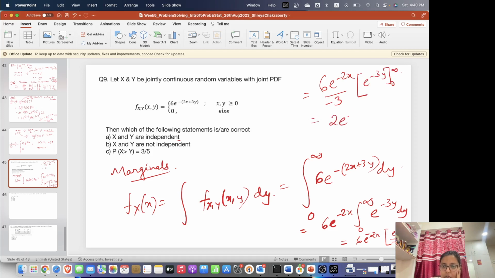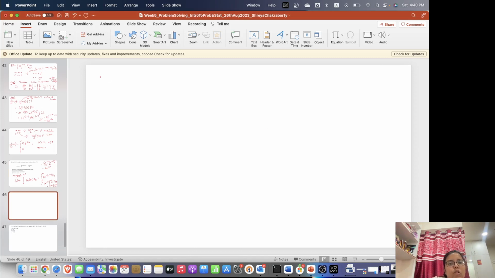So this would be 2 e to the power minus 2x. Are you getting this? Okay. So we have the marginal of x. Similarly, marginal of y would be what?